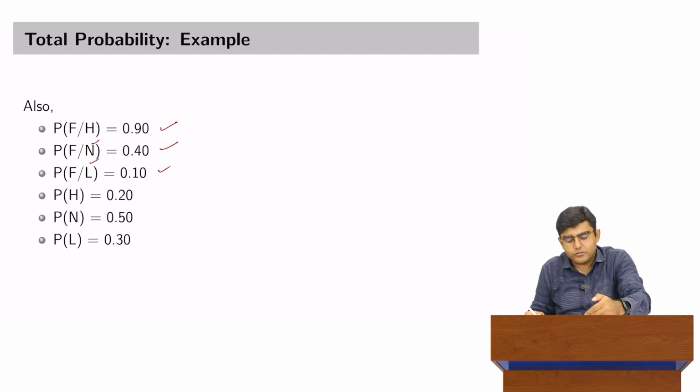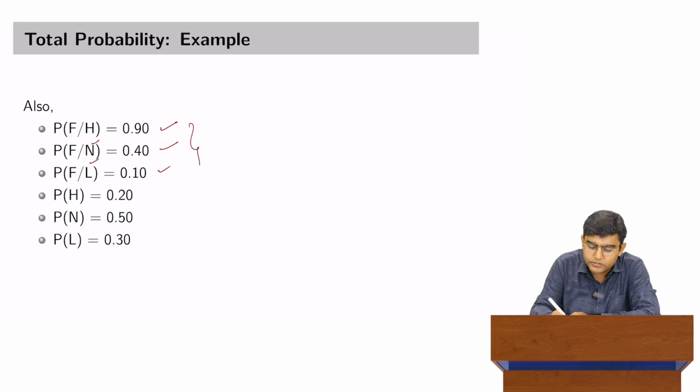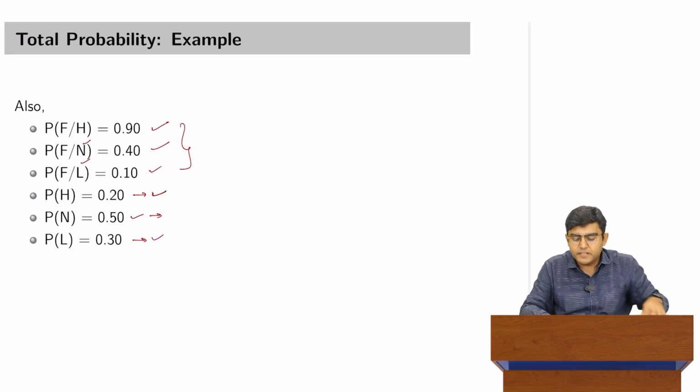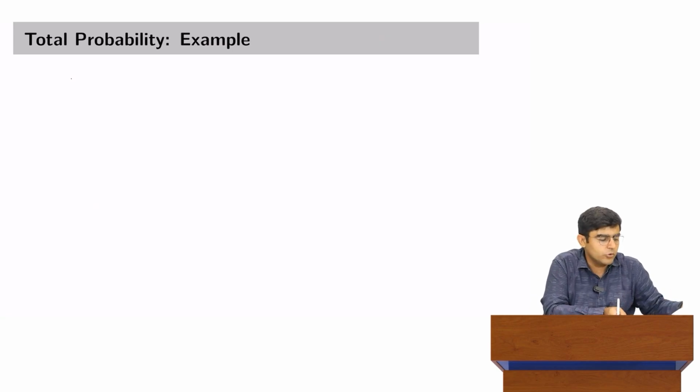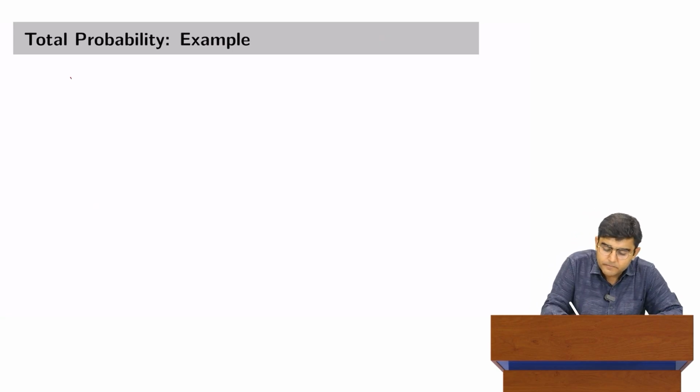And it makes sense to see these values decreasing as the amount of snowfall is reducing. Also, it is given to us that probability of extreme snow or high snow is 0.2, a 20% chance. Probability of normal snow is 50% and probability of low snow is 30%. And we have been asked what is going to be the probability of flood.